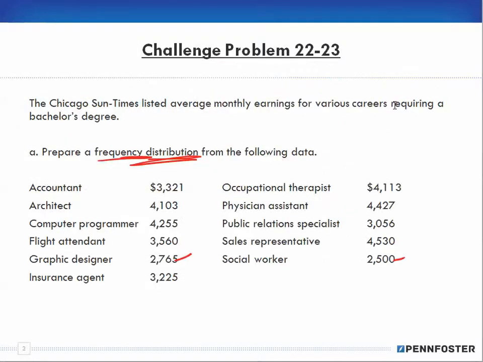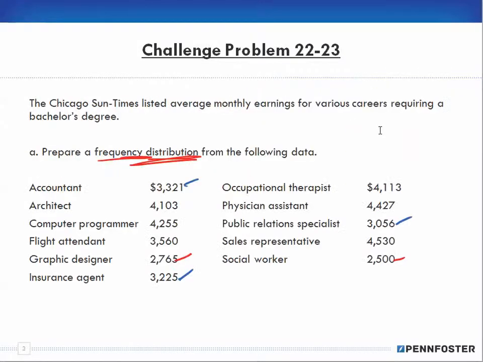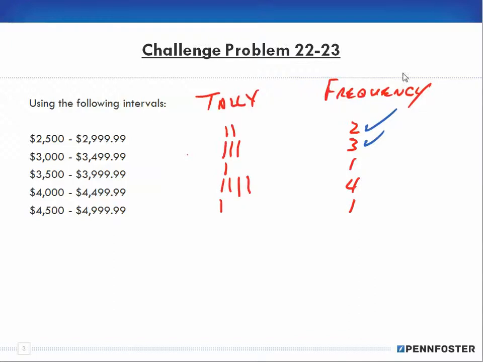Between 3,000 and 3,500, 1, 2, and 3. So then I'd put my 3 there. Between 3,500 and 4,000, that's 1 there, so I would have had my 1.